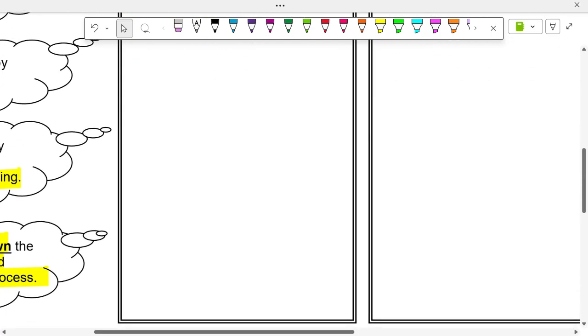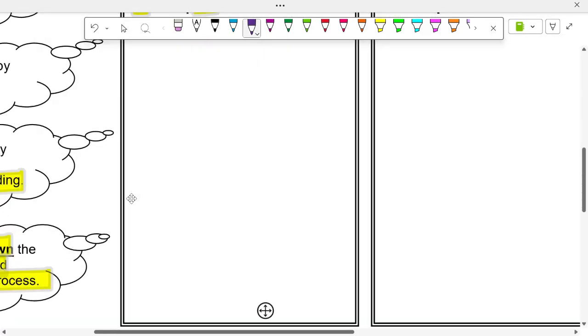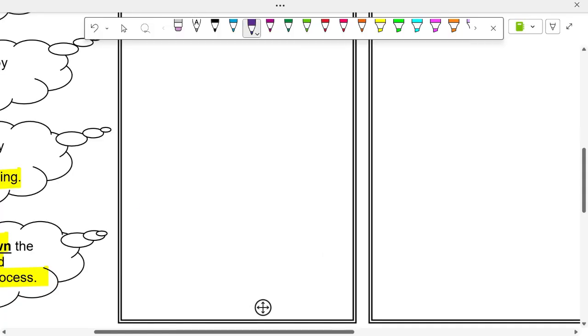So at the bottom, I'm going to rewrite the 2 terms I'm dividing. So I'm doing 2x cubed divided by 2x. Now, what happens to the 2's? They cancel out.